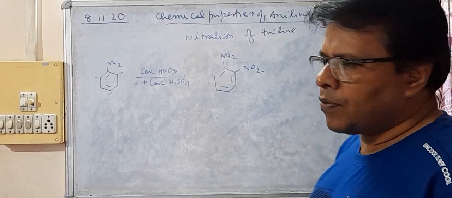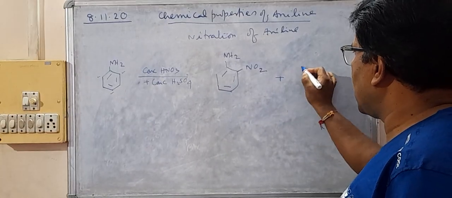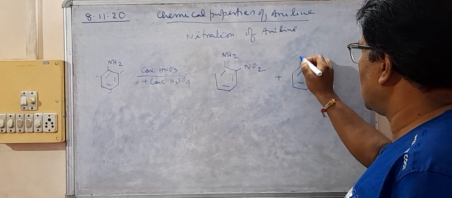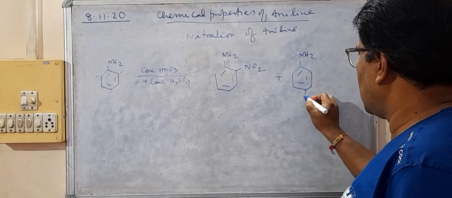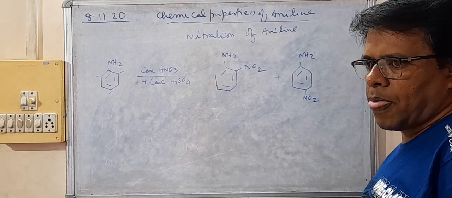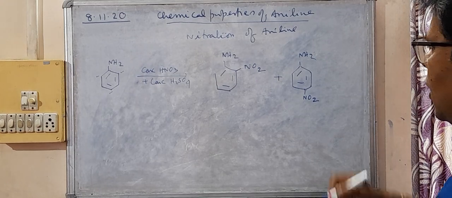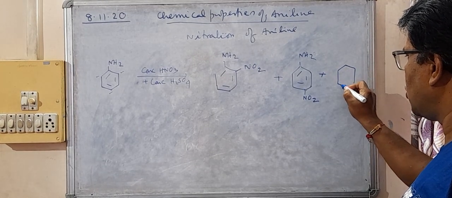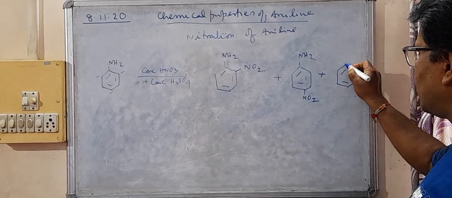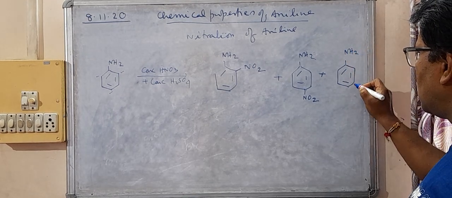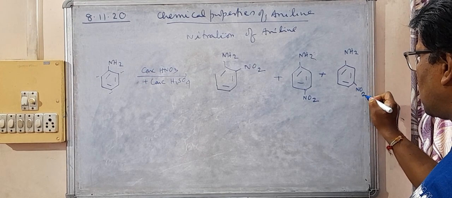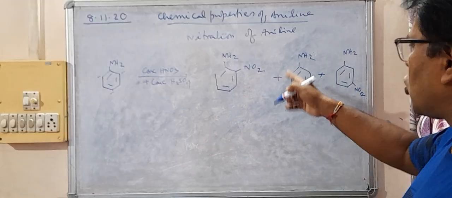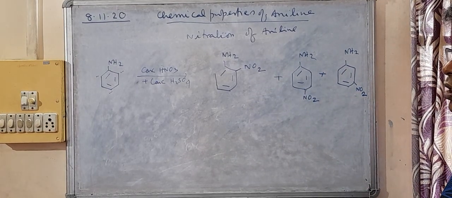We will also get the para product. But surprisingly, we also get the meta product. So in fact, we get all the products: ortho, para and meta.